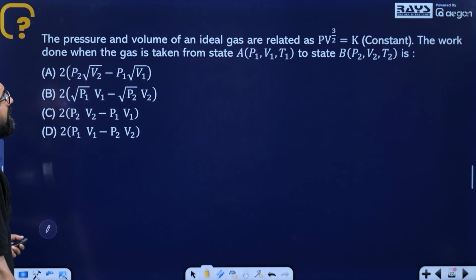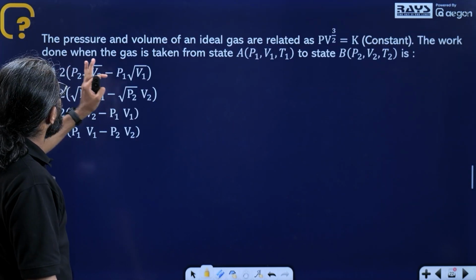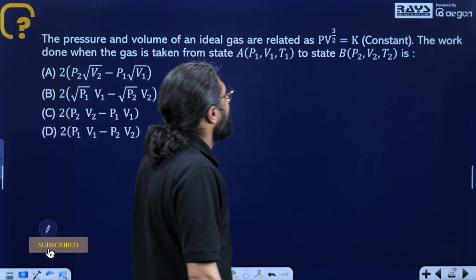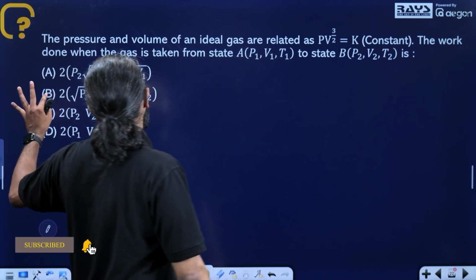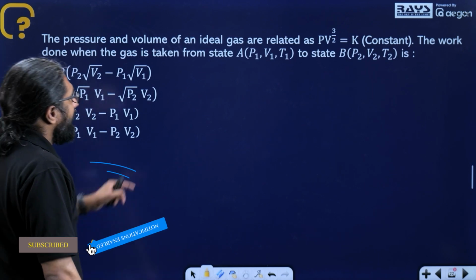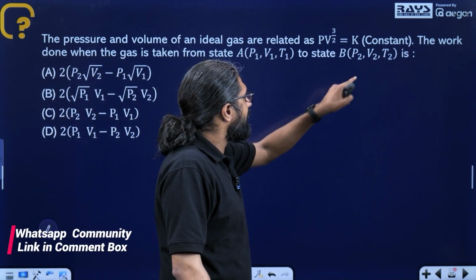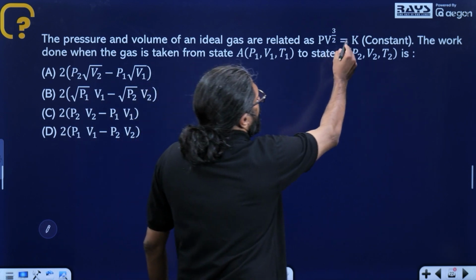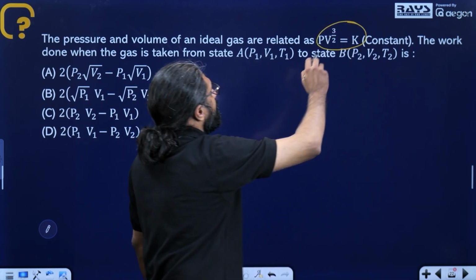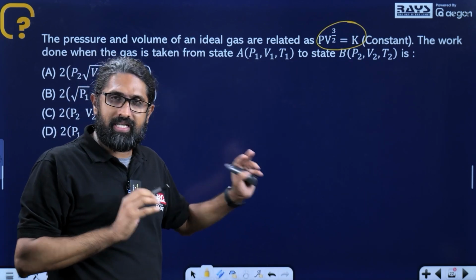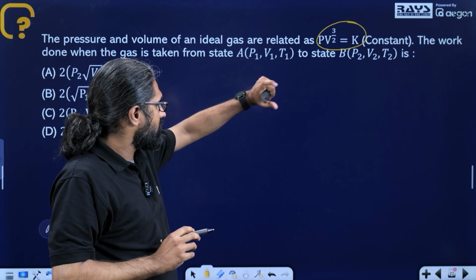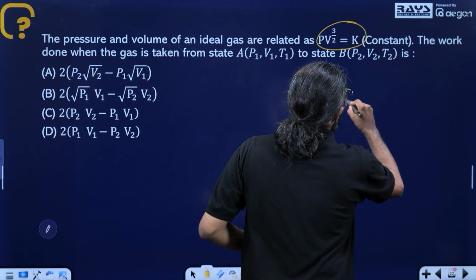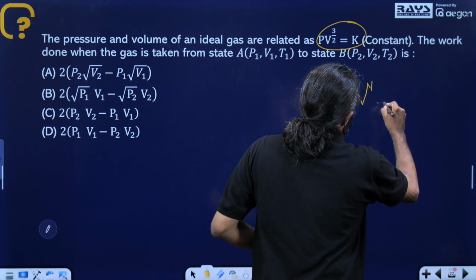Now, the next question says, the pressure and volume of an ideal gas are related as PV raised to 3 by 2 is a constant. The work done when the gas is taken from a state A, P1, V1, T1 to a state B, P2, V2, T2 is. Now, see, there are many ways of doing the same question, but the best method here is to understand the fact that this follows the standard protocol of a polytropic process, which says PV raised to N is a constant.